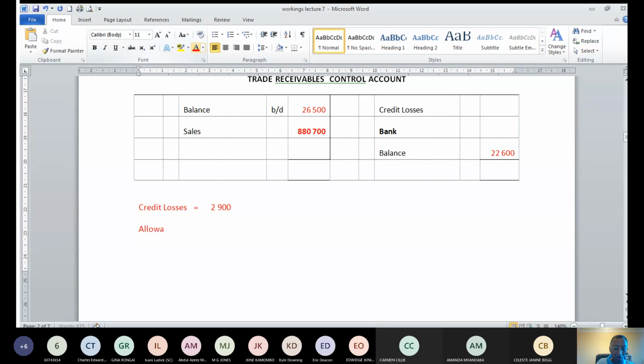So your allowance for credit losses has increased by the amount of 500.